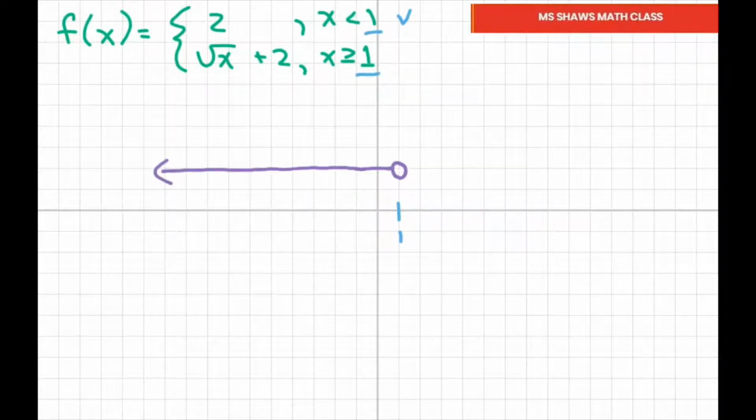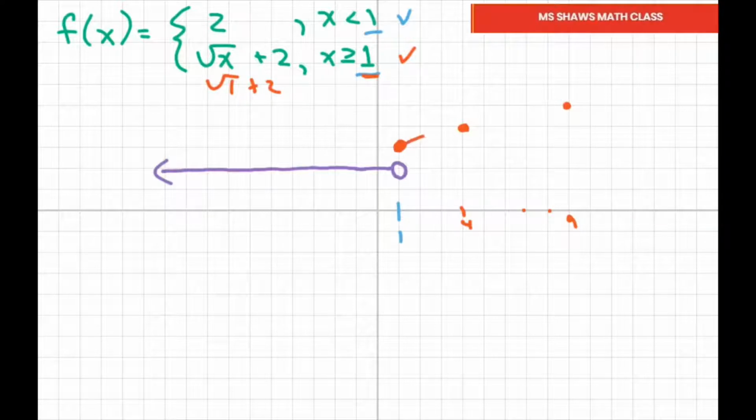Now, for the second one, all numbers greater than 1 are going to go to the right of 1. So if you plug in 1 here, you get square root of 1 plus 2. That equals 3. So that goes to 3. And then let's plug in 4. Plug in 4, that goes to 4. And plug in 9. Square root of 9 is 3, so that's going to go to 5.